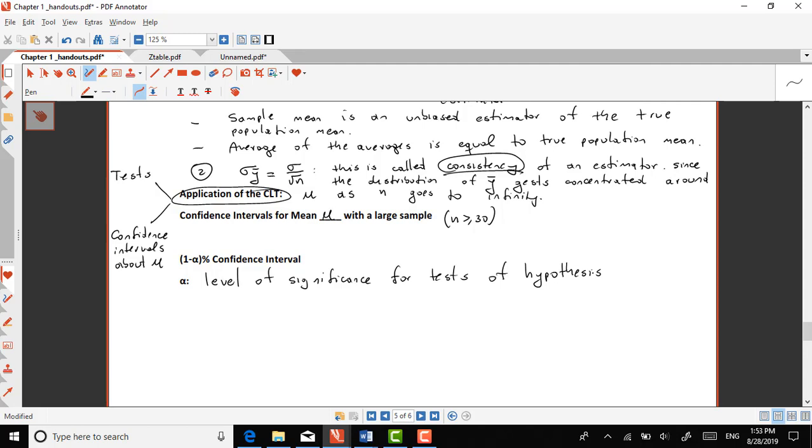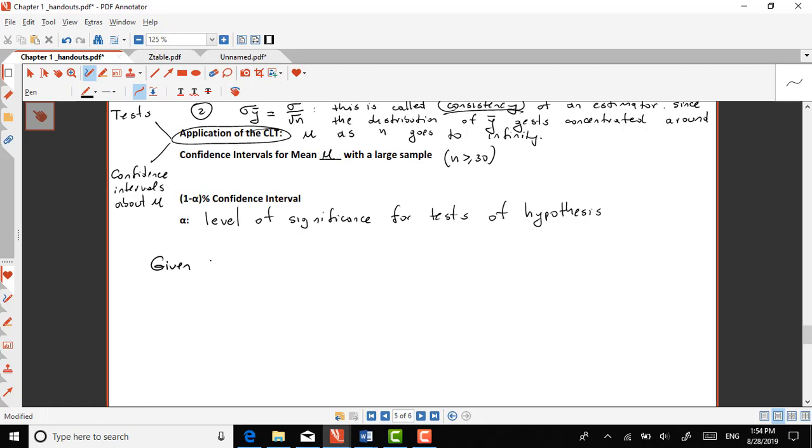Okay, so the formula for the confidence interval I'm going to give you uses the fact that the sampling distribution of the sample mean is normally distributed with mean mu and standard deviation sigma over the square root of n. Okay, so again, the formula for this confidence interval is derived using this information about the sampling distribution for the sample mean.